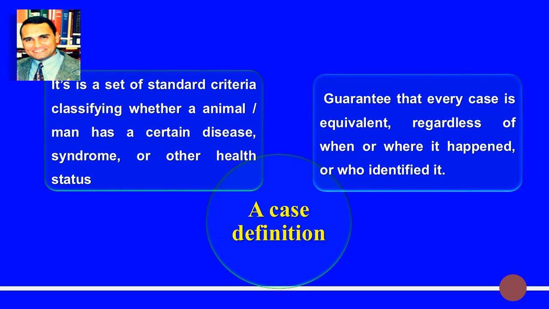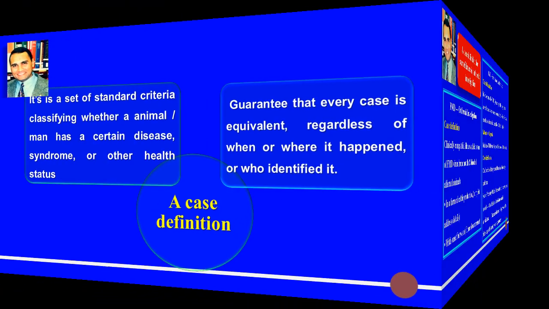For example, a case definition developed for an outbreak of foot and mouth disease might require laboratory confirmation where such laboratory services are available, but likely would not if such services were not readily available. So, the case definition has to be practiced by all the epidemiology team to have the difference in numbers of cases.